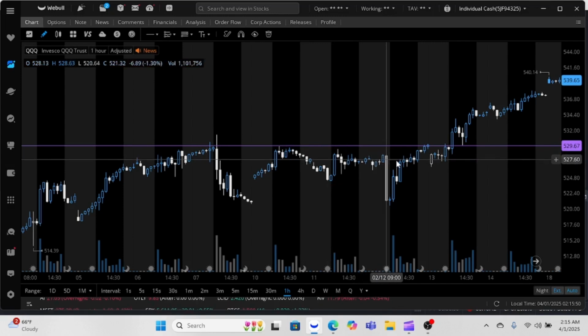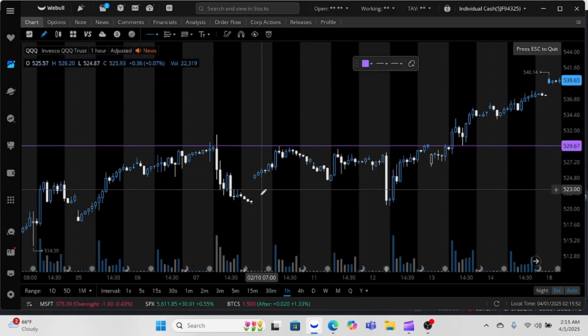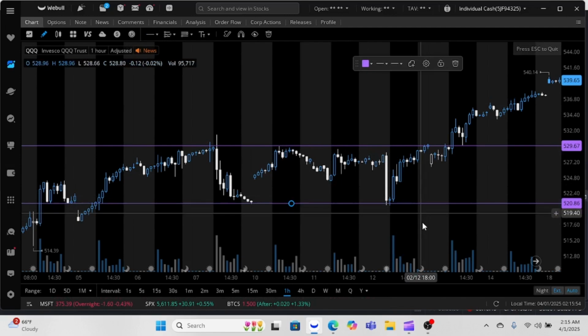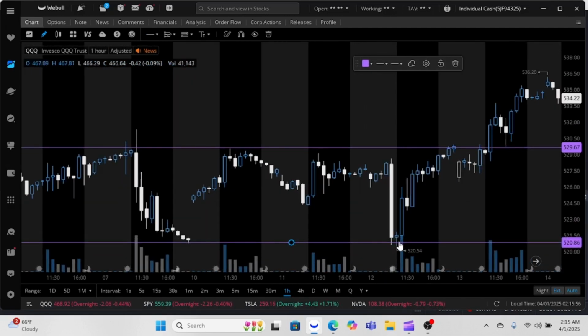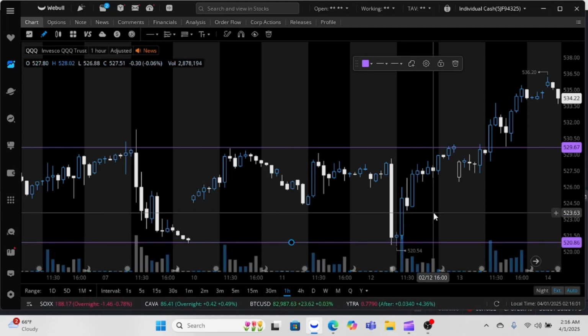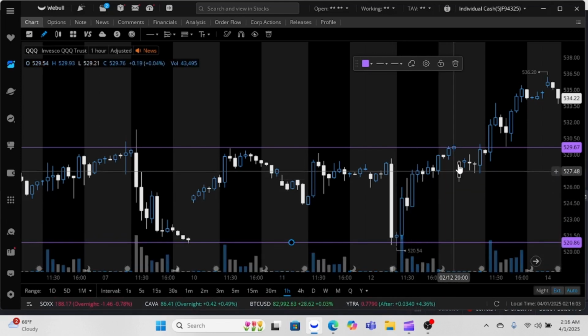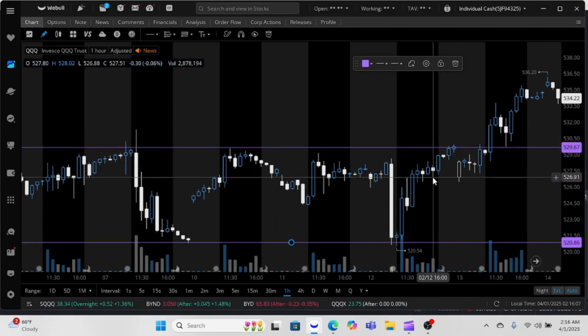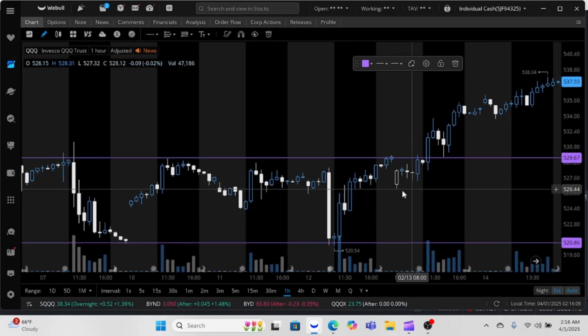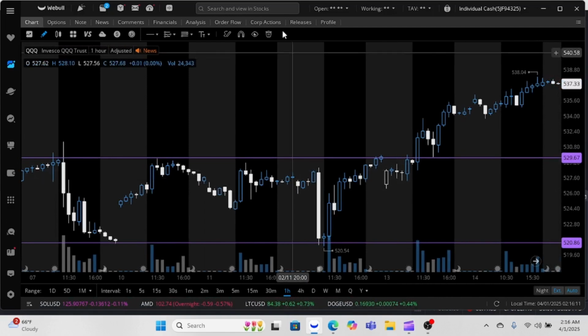Days later, we come down, take out the liquidity down here. Look how price just dips below this low, just barely. And then it comes up, takes out that liquidity, comes down, takes out these lows, and then back above the highs.